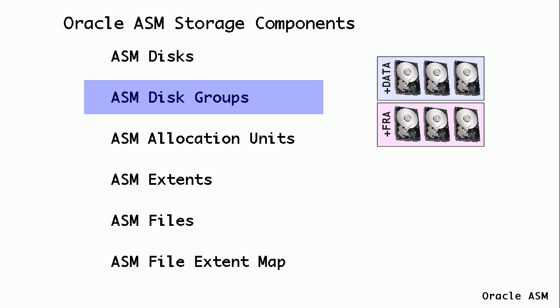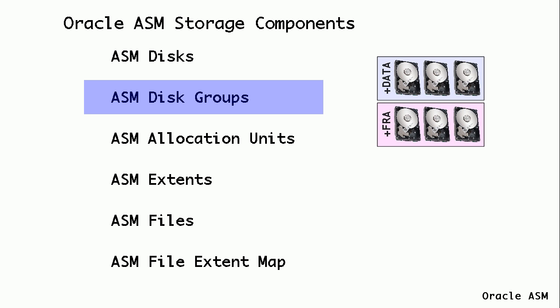Oracle ASM provides a file system-like interface for storing Oracle database files in ASM disk groups. By default, Oracle ASM distributes file contents evenly across all disks in an ASM disk group using striping techniques. Oracle ASM also provides data redundancy using built-in mirroring algorithm.